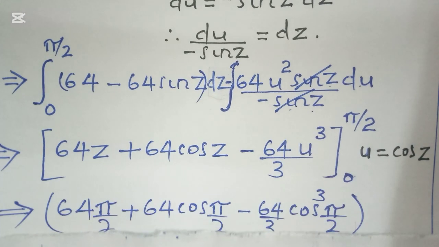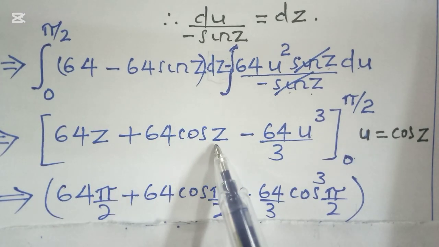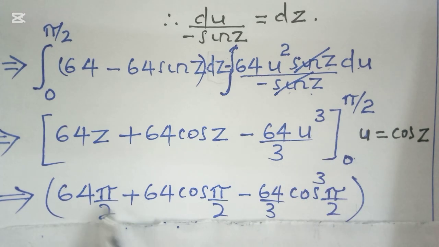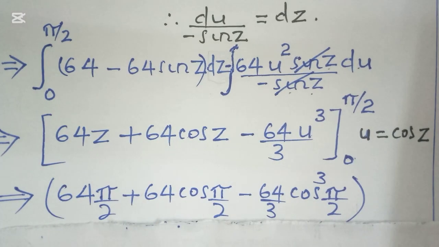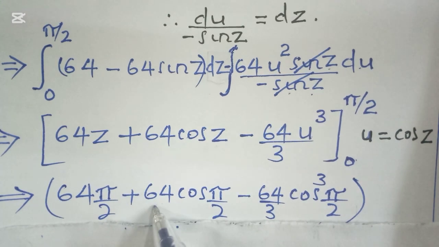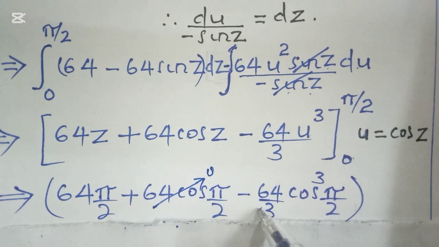And doing that, this is what we find, guys. Pi over 2 here, pi over 2, minus here we put also pi over 2. And this is what we have done for the first one. Guys, as you know, cos 90 is 0. So this one becomes now 0. And this also becomes 0.